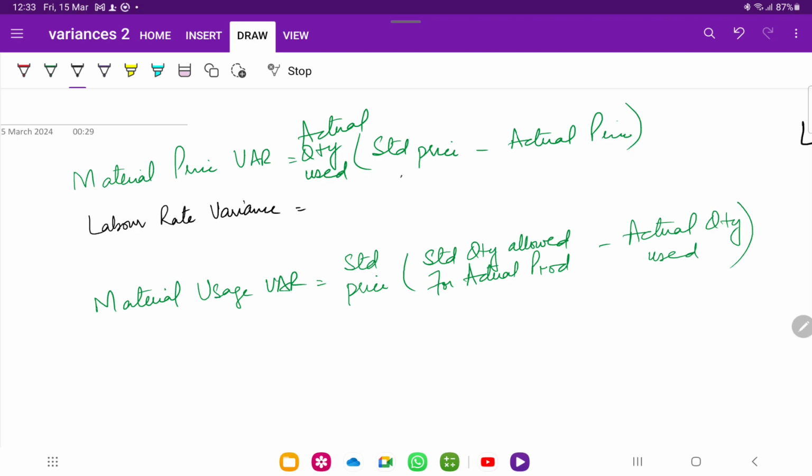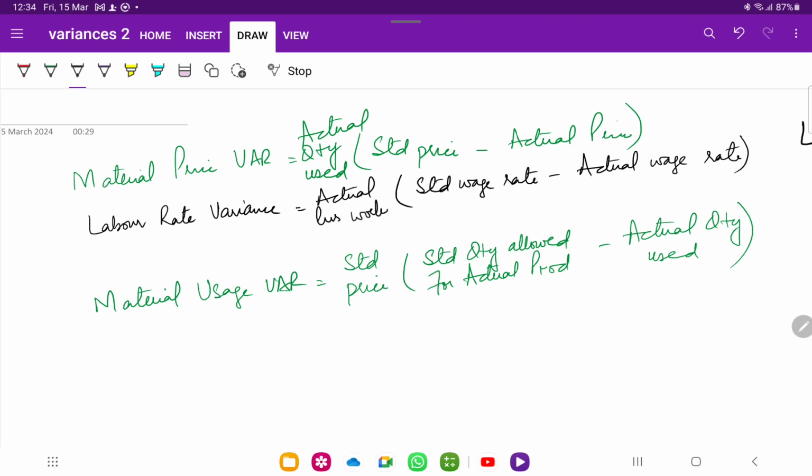This is the difference between the standard wage rate minus actual wage rate, multiplied by actual hours worked.